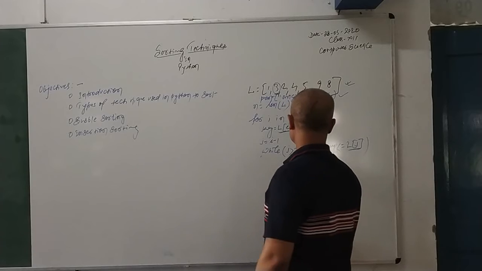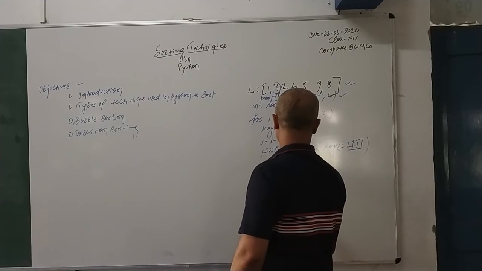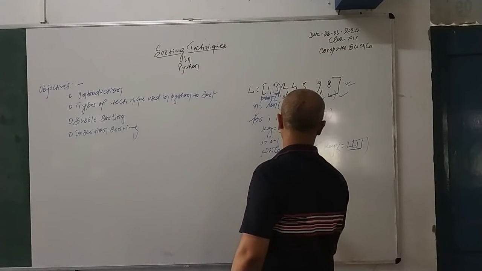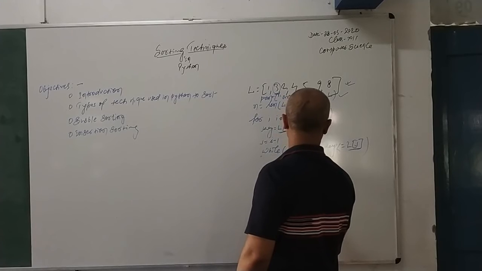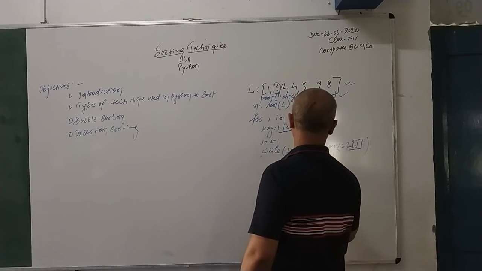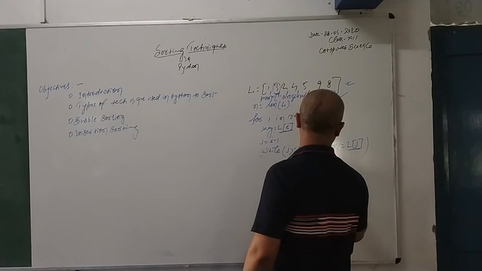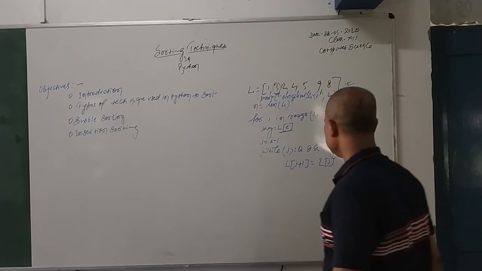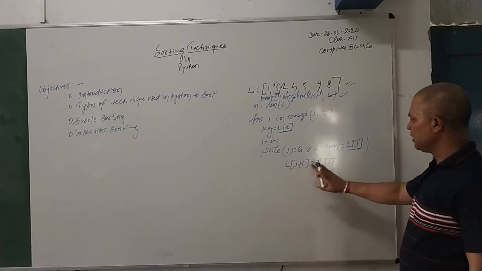Here you have to say simply your list of j plus 1 equal to L of j.